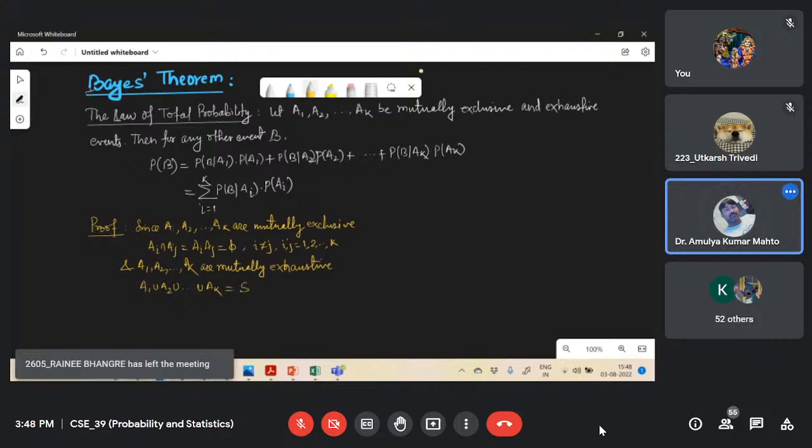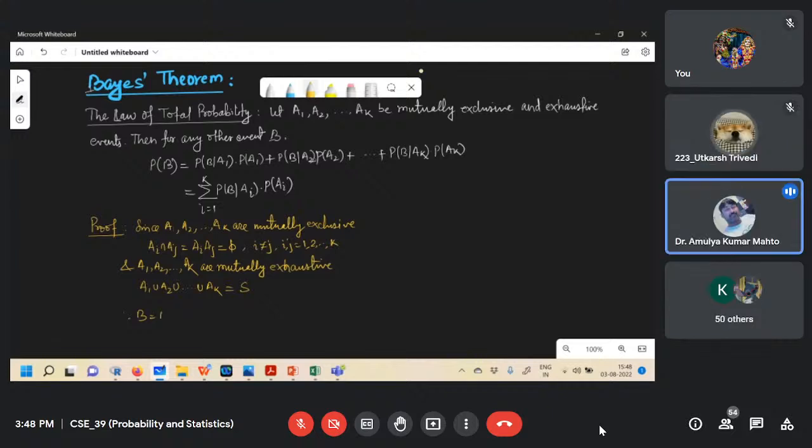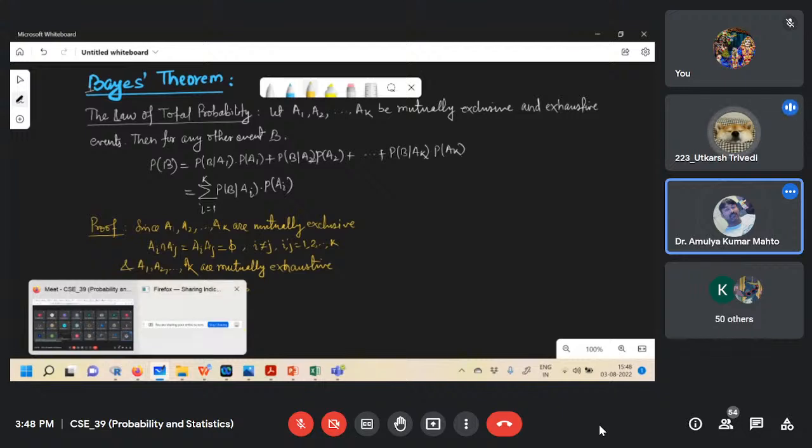Got it? Now, can I write the event B as B intersection S? Because S is everything, and I am taking the intersection of B with everything, that will be B only. Got it? Yes, sir. Okay.